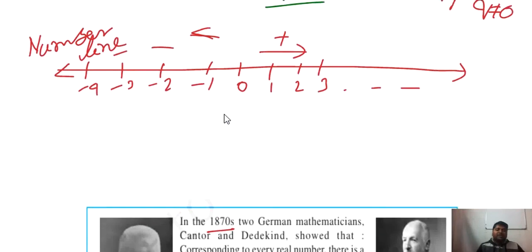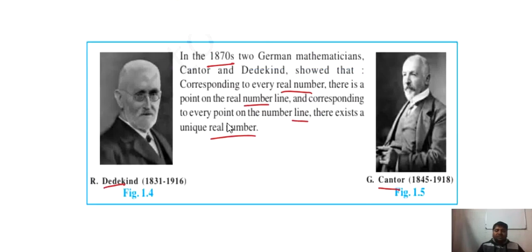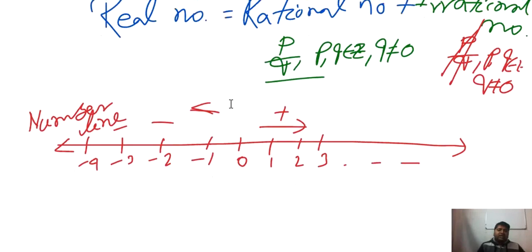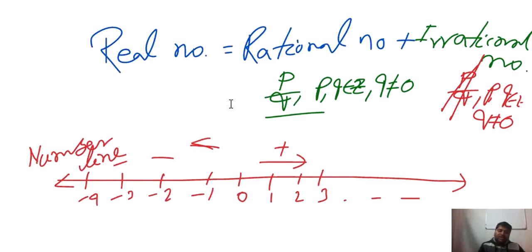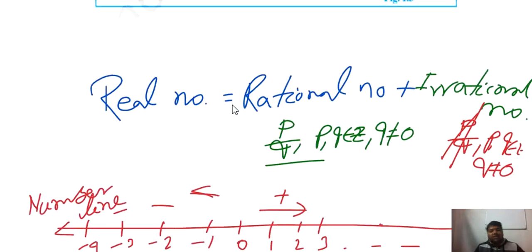This is the Cantor-Dedekind axiom, or theorem, of 1870: each real number can be represented on the number line, and any number at any position on the number line is a real number.